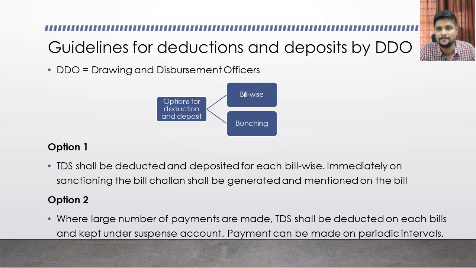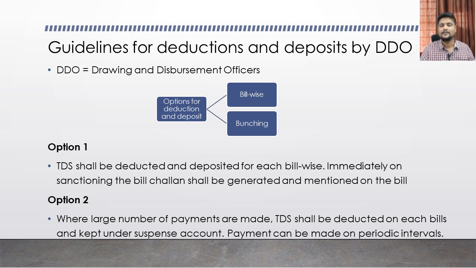In option number 2, TDS can be accumulated for various bills. This option can be adopted by a DDO who is sanctioning many bills in a given tax period.